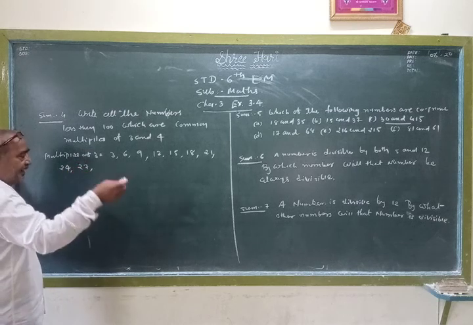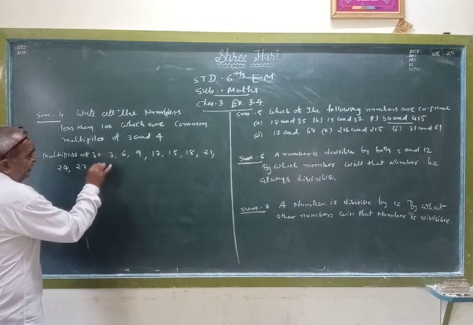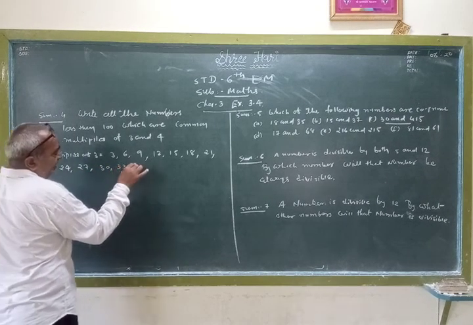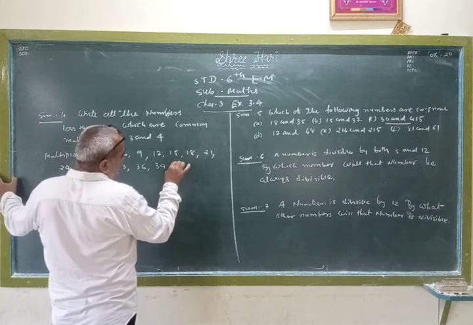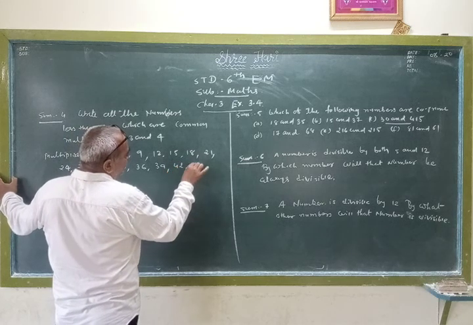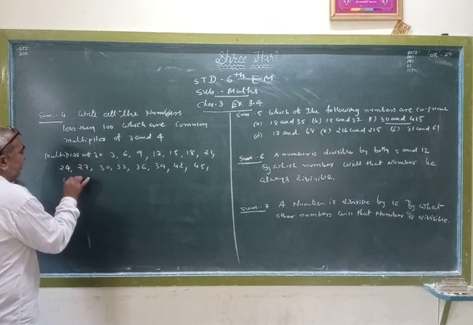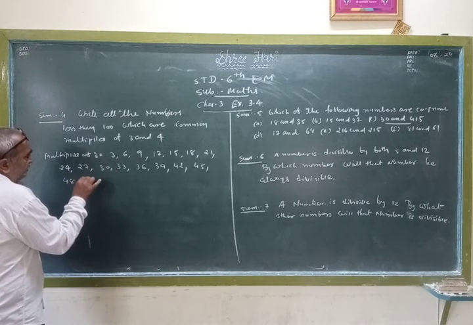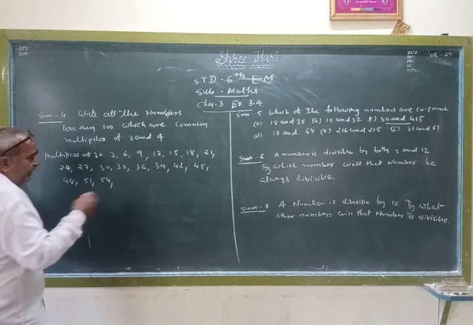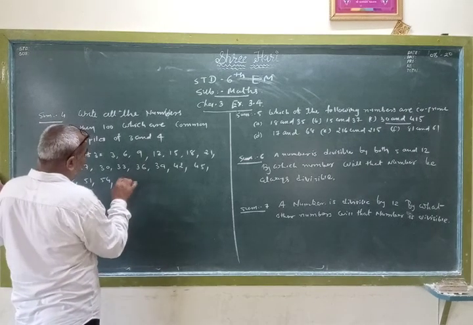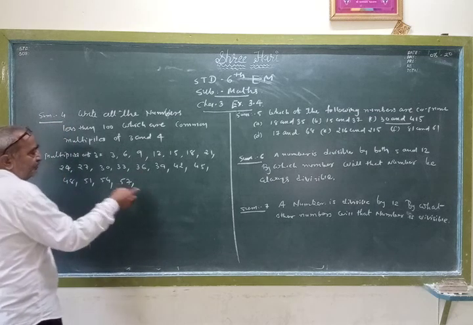Like this, add 3 and write again: 24, 27, and add 3 in it, so 30, 33 and 36, 39, 42, 45, then 48, then 54, then add 3 in it, so 50. I write all the multiples of 3.